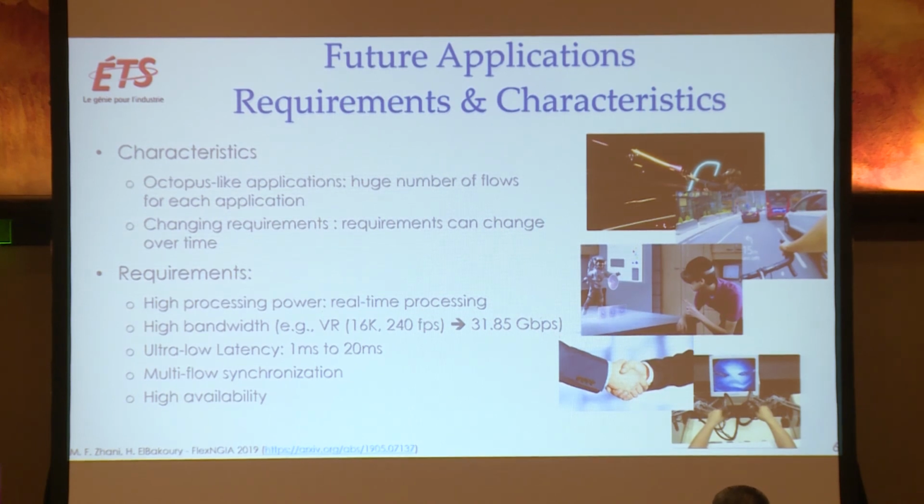We need high bandwidth, and I give you the example of a virtual reality example with 16K at 240 frames per second, which is basically the requirement to have a really immersive virtual environment, and this would require at least 31 gigabits per second just for this virtual environment, not talking about each hologram. So we need a huge amount of bandwidth. Even if we have a lot of bandwidth today, this is not sufficient, right?